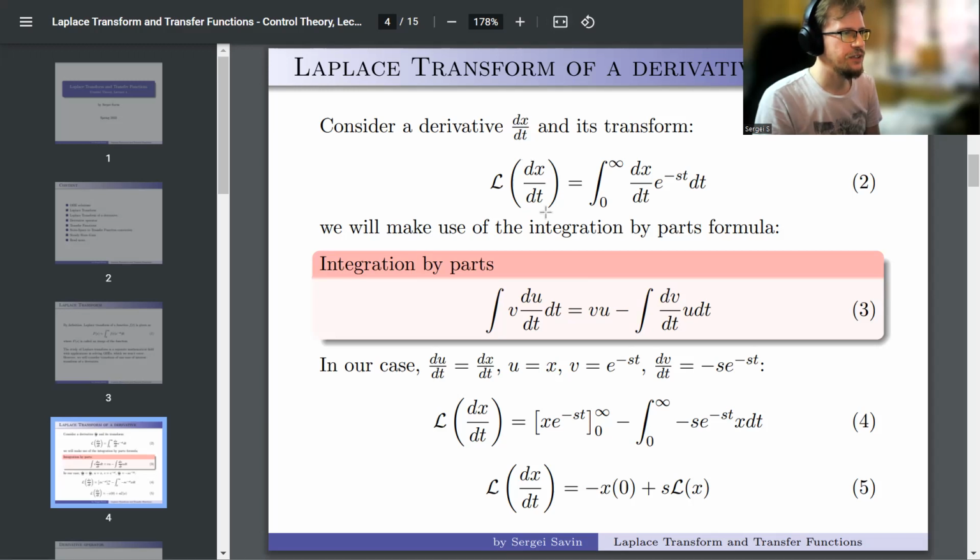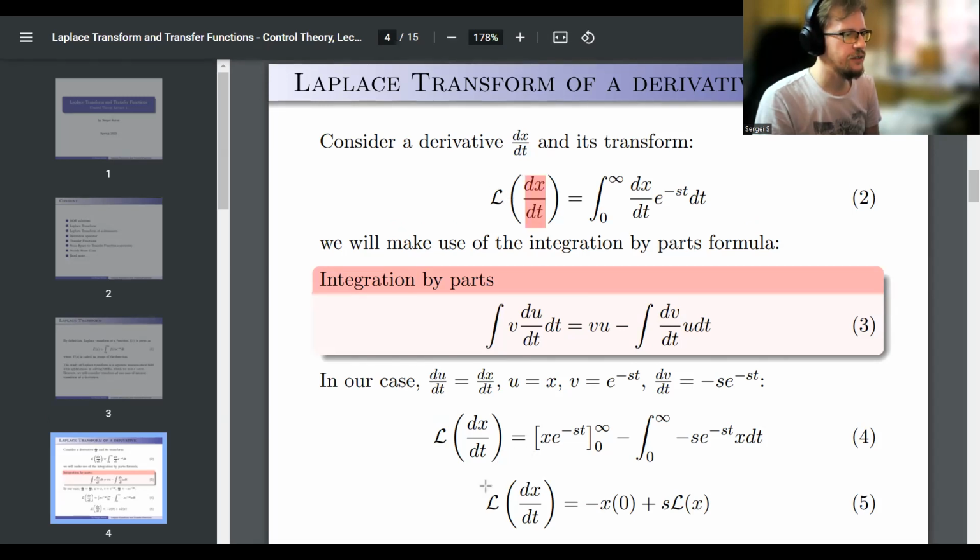So this is how we often denote the transform. We use L, Laplace transform. We say L of this function is something. So this means Laplace transform of a function. I use this math calligraphy font, mathcal in LaTeX.